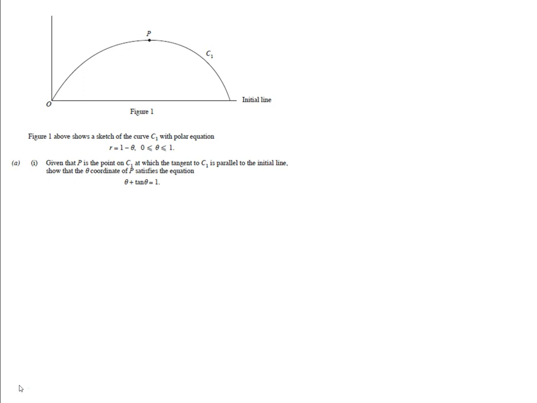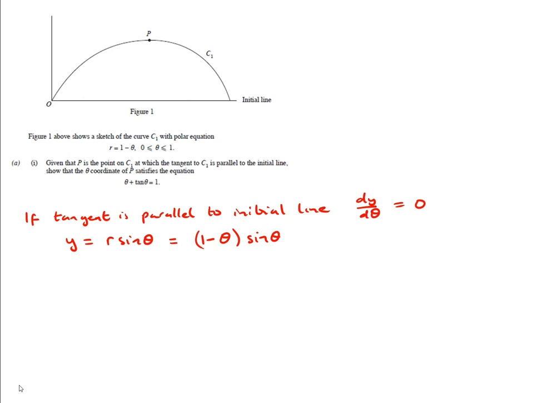So for the first part then, if the tangent is parallel to the initial line, then we must have dy by d theta equals 0, where y is r sine theta, which in this case is 1 minus theta times sine theta. So to find dy by d theta, we need to use the product rule.